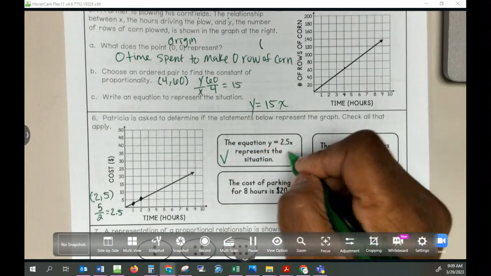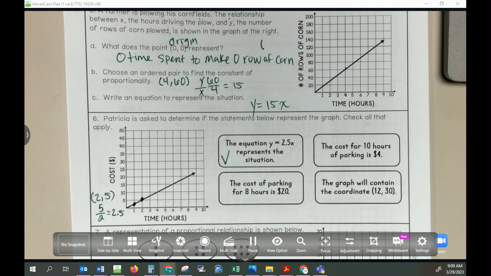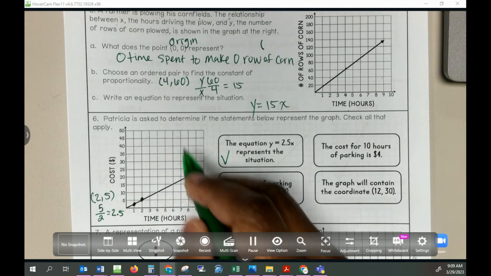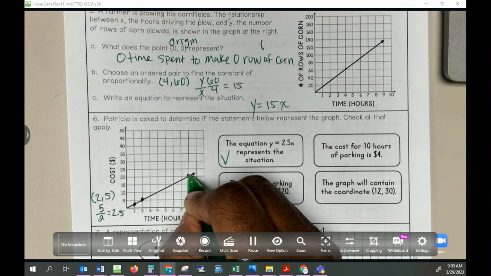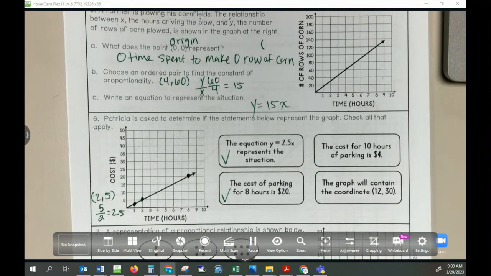So this is true, because that's what we'll get. All right. So Micah, the cost of parking for 8 hours is $20. Is that true? How do you know? Great job. Thank you.